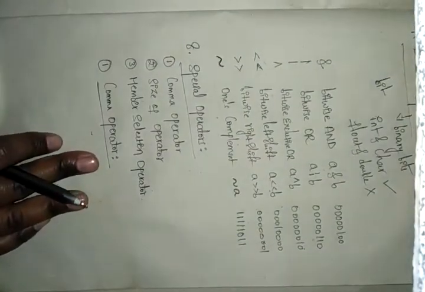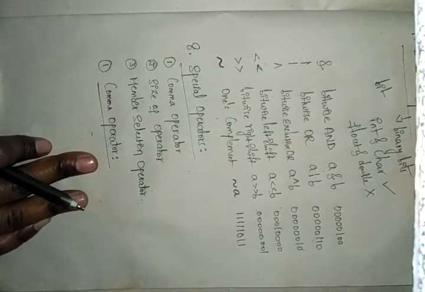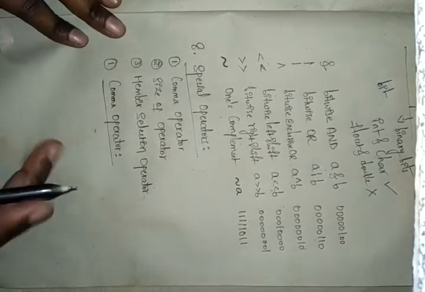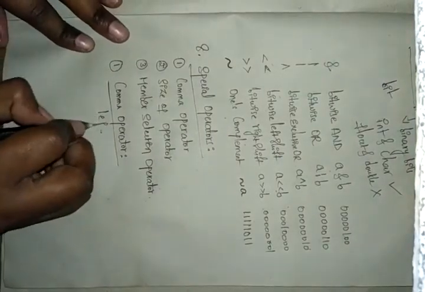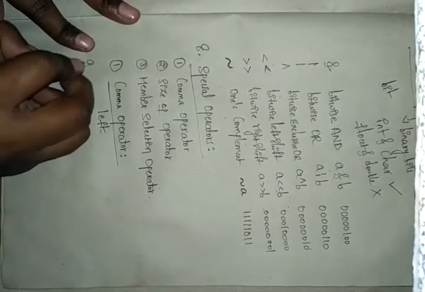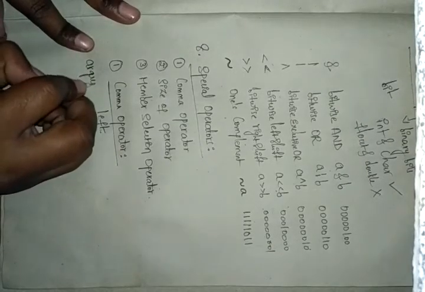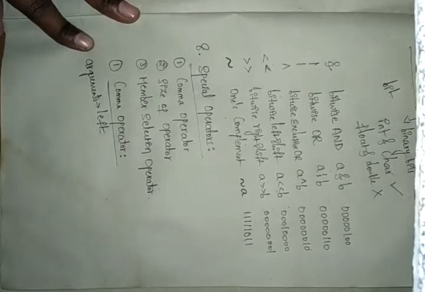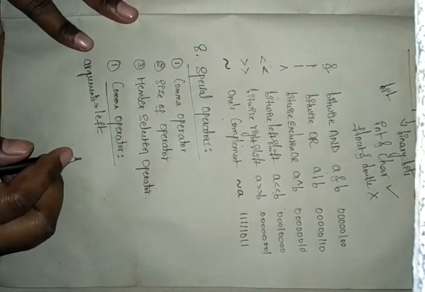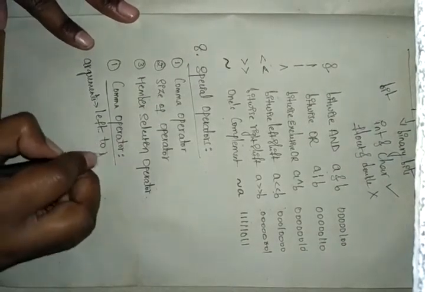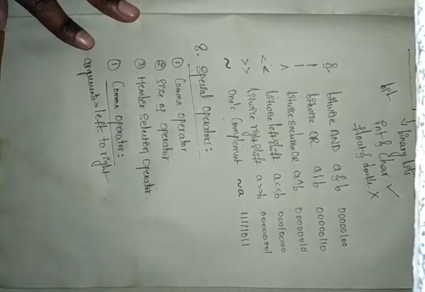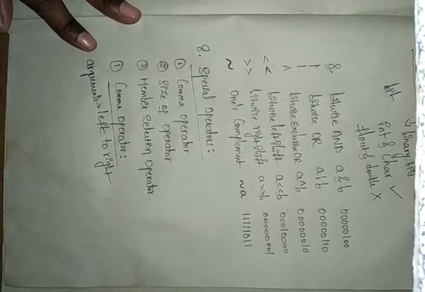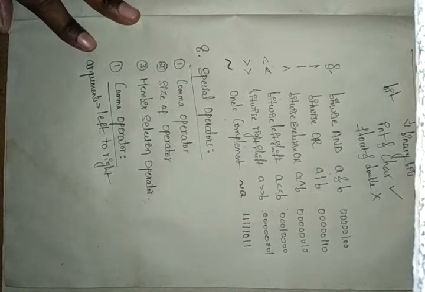Let's see. Here the comma operator is taking some arguments, and those arguments are executed from left to right. Whatever arguments it took can be performed left to right.